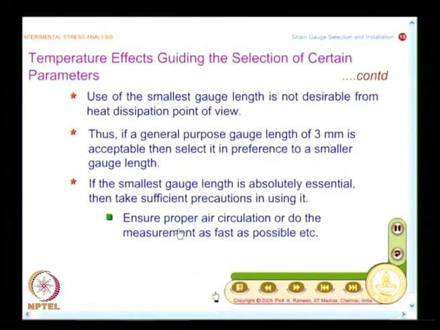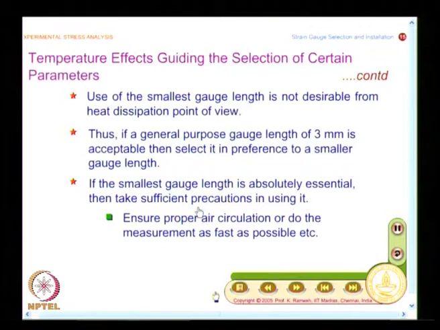So, the idea here is to ensure proper air circulation or do the measurement as fast as possible, etc. Because if the measurement is done quickly, then temperature effects would not be that significant.